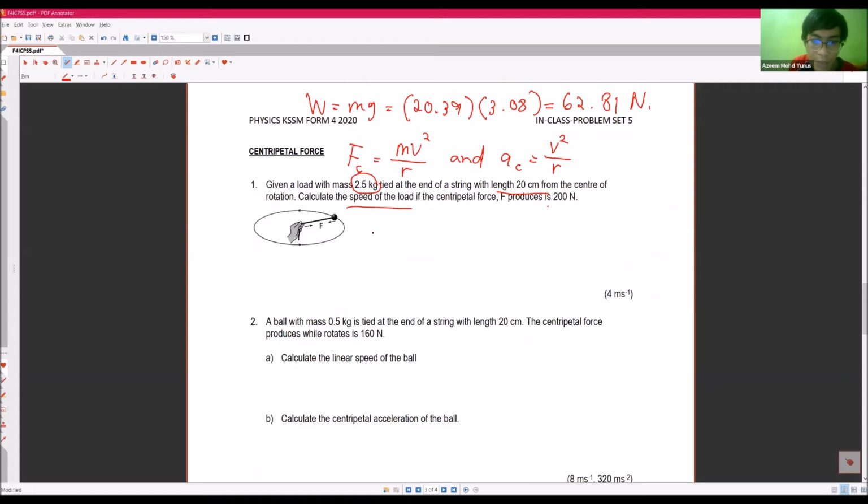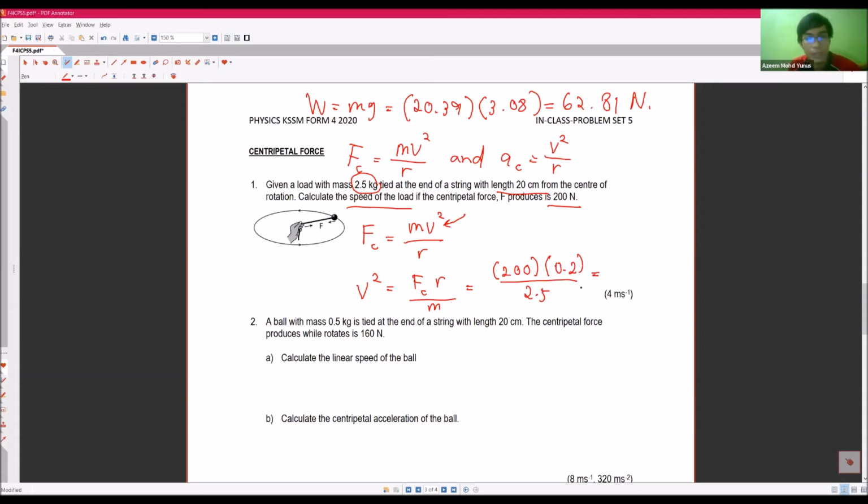So basically, we have to use the formula here. We want the speed, v squared. So v squared equals Fc times r divided by m. We plug in that first. Fc is 200, r is 20 centimeter, 0.2 meters, divided by m, 2.5.